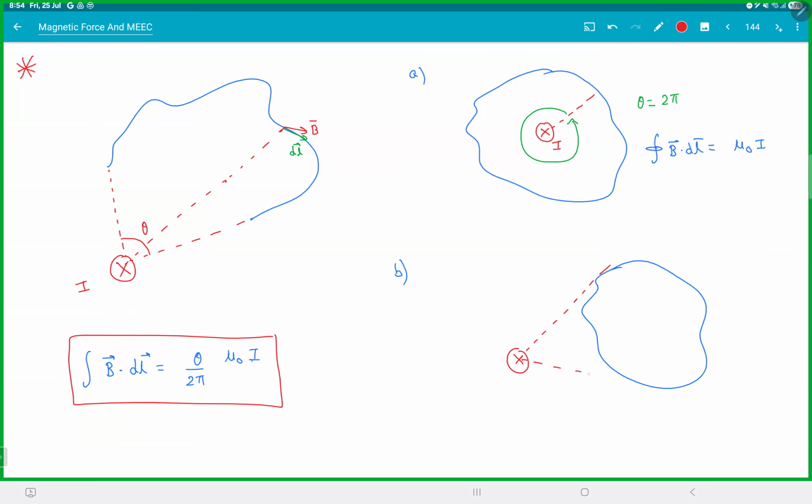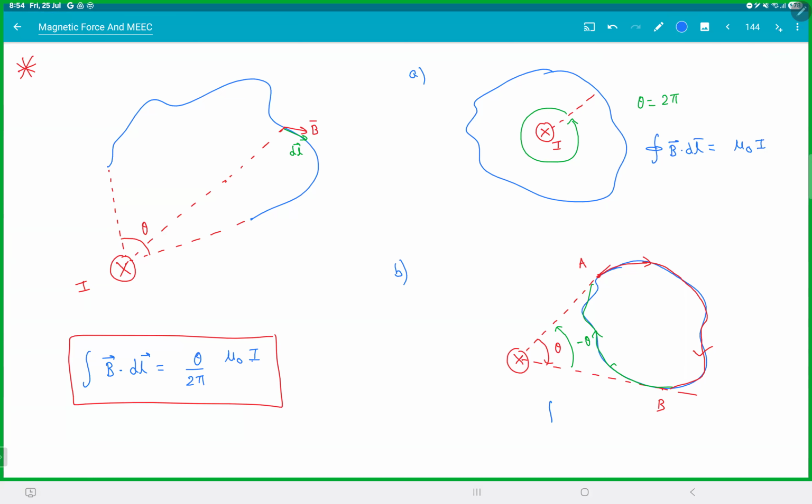From here, if you draw the tangents, let's say this point A to B, when you go from A to B, you're going in this direction. So the angle theta will rotate this way. But when you come back from B to A, you're rotating in this direction. This will be minus theta. The angle is rotating in the opposite direction.